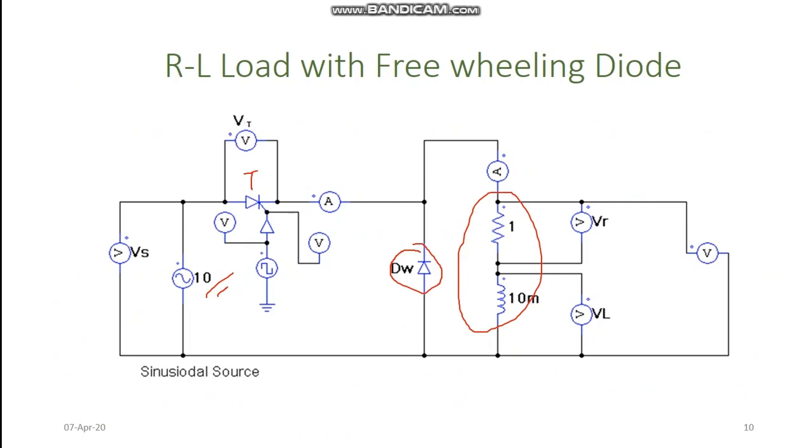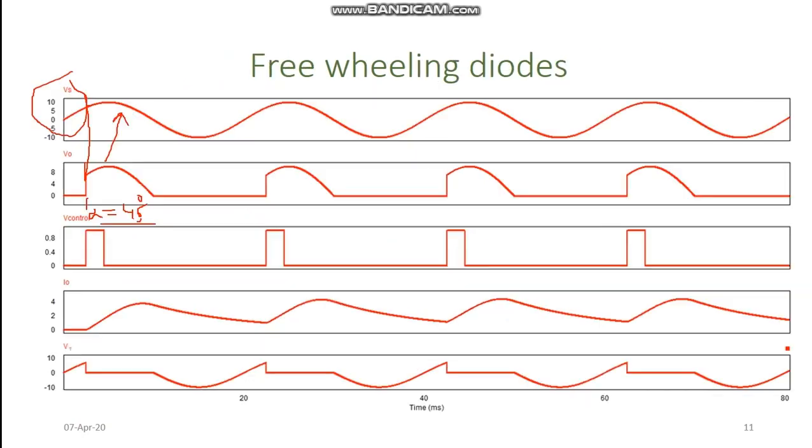But now we have selected a specific higher value of inductance, and due to the impact of this freewheeling diode, this inductor will be in continuous conduction mode. That is, our current is not dropping to zero. And now if we look at the waveform obtained across this thyristor, it is something like this.